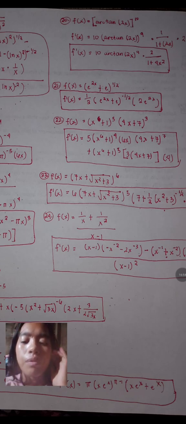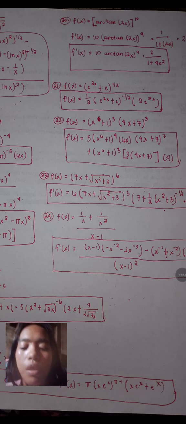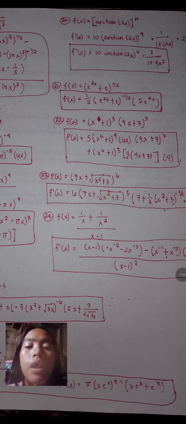So we are now in number 21. Our number 21 is f of x is equal to the quantity of e raised to 2x plus e raised to 1/2. So the derivative of that is f prime of x is equal to 1/2 times the quantity of e raised to 2x plus e raised to negative 1/2 times the quantity of 2e raised to 2x.